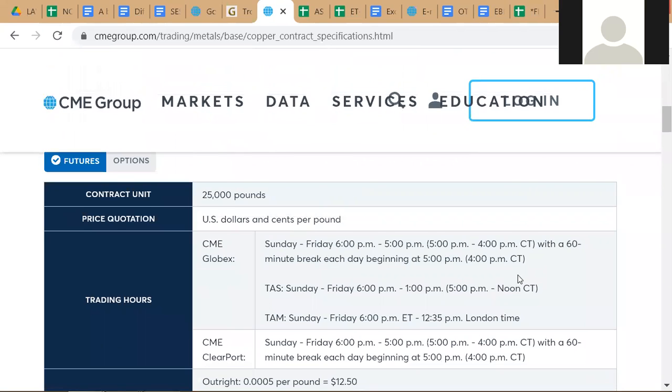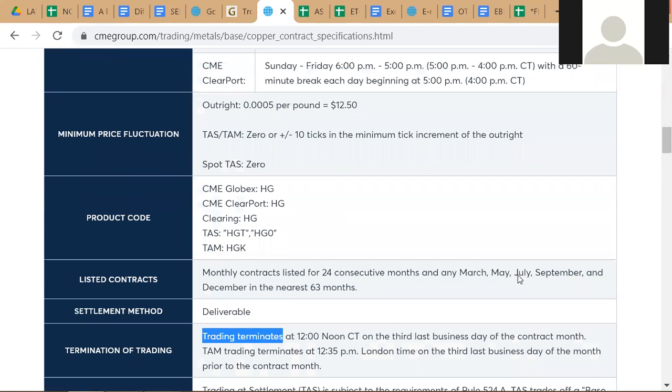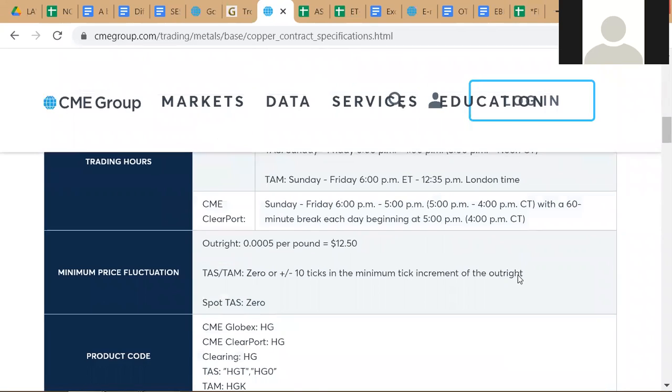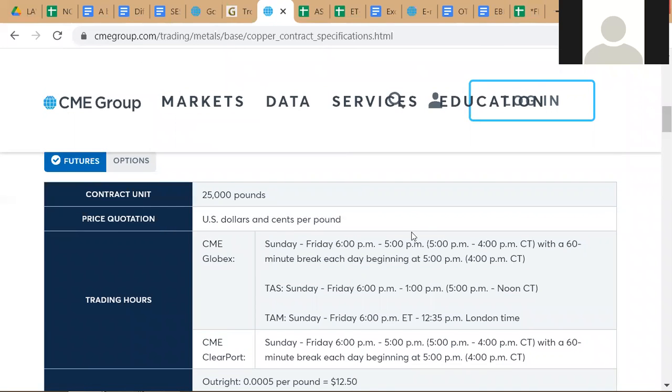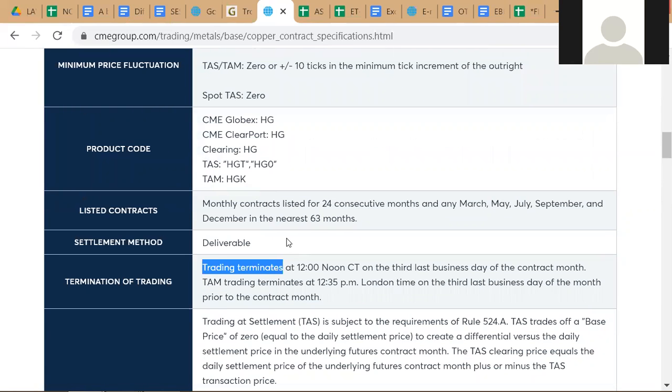It's a good question. It deals with how exactly it works for a short seller, a person who's going short. So if you have a short position in copper, you can settle it in two ways. This doesn't mean that you're forced to do it this way. Very good question, actually, because it clarifies the meaning of this statement. It doesn't mean that you're forced to do physical delivery. You can also close out your position.